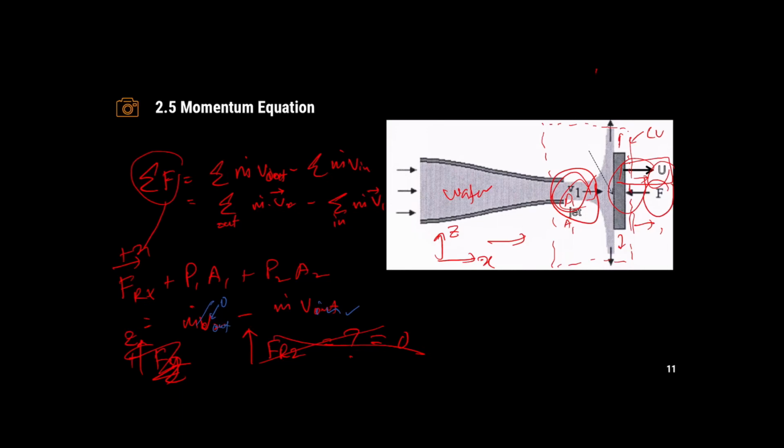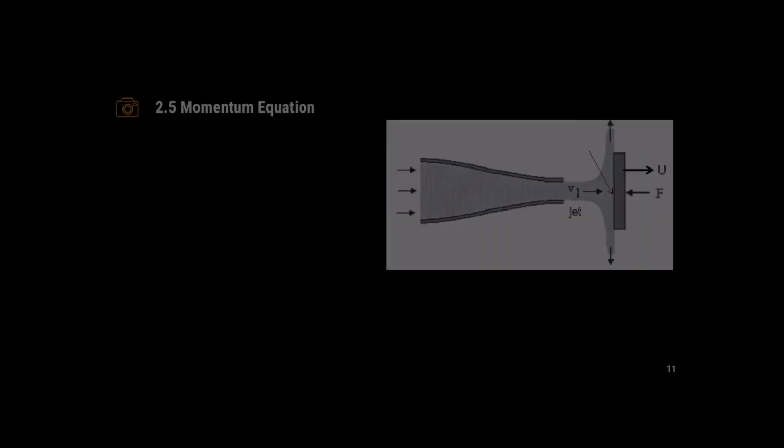P1 and P2 are actually both open to atmosphere, so we don't need them anymore. That leaves us with only F_Rx and m dot V in.